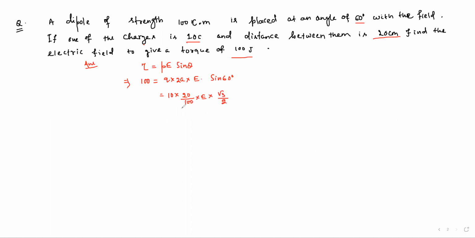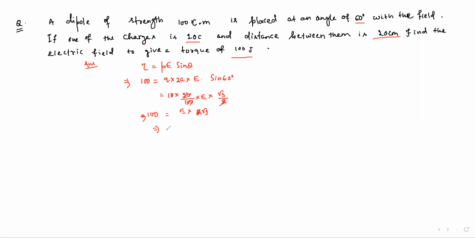The zeros cancel, and 100 equals E into 2 root 3, the 2 cancels, 2 cancels. So in that only root 3.